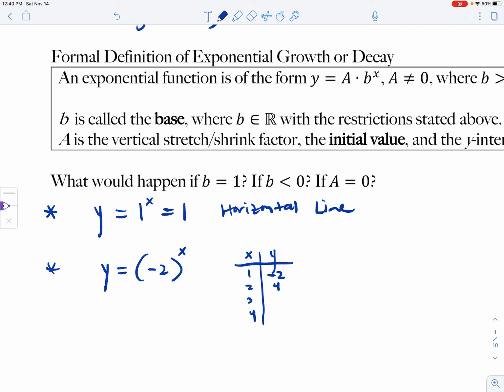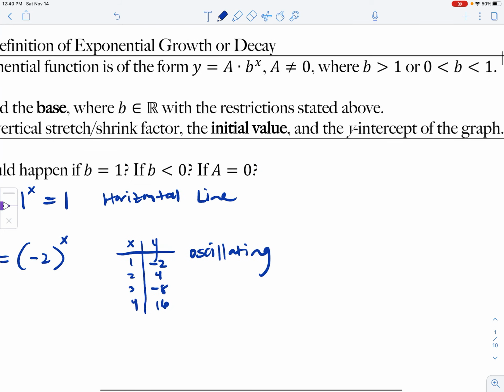If I plug 3 in, -2 raised to the third power, that's -2 times -2 times -2, would be -8. And if I plug 4 in, that would give me 16. So you can see that the values for y are oscillating, or bouncing back and forth, between positive and negative values. When something is oscillating, it's bouncing back and forth.